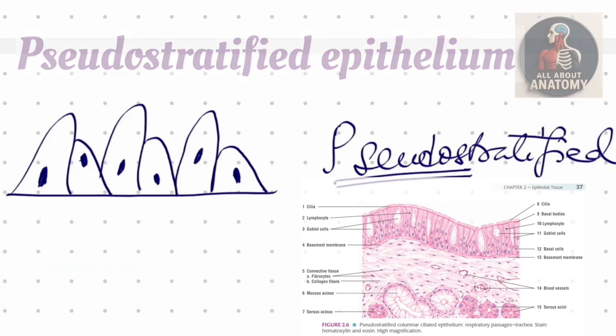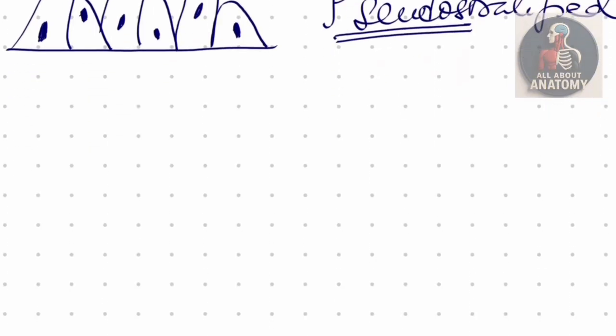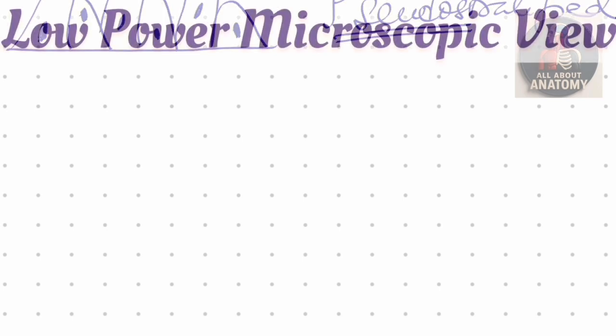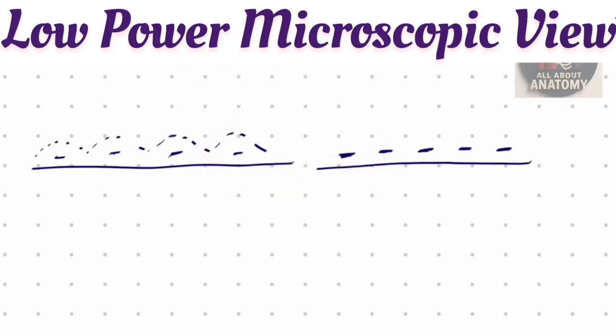You will understand why it is called pseudostratified if I explain it based on the low power microscopic view, as mostly it is shown to the undergraduate students. In case of simple epithelium, which is squamous, suppose the membranes are absent. So, we will find there will only be the flattened nuclei placed on the basement membrane.